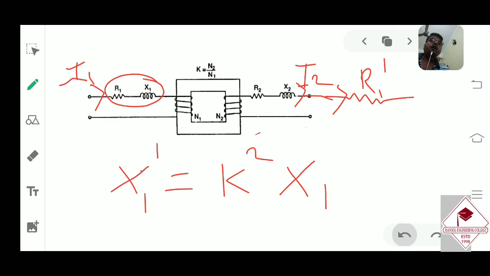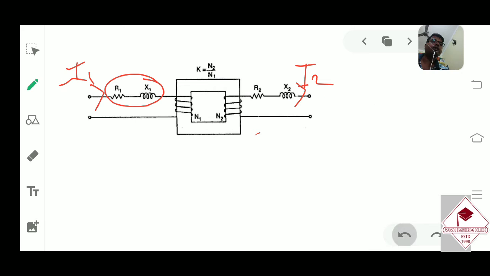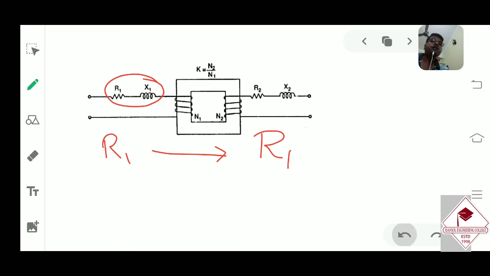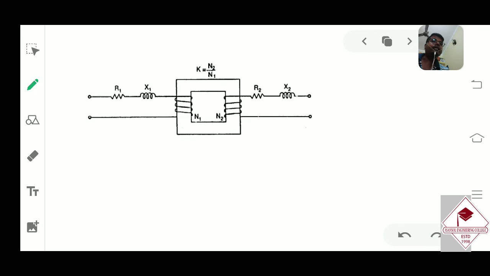Now suppose we need to transfer these things from the secondary side to the primary, meaning this side needs to be transferred to the primary side. How can we do it?